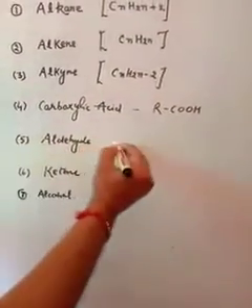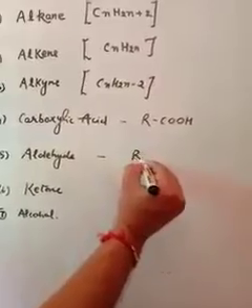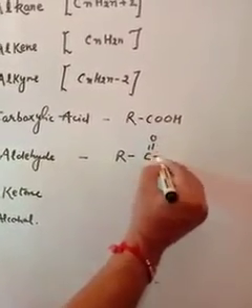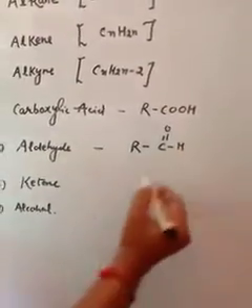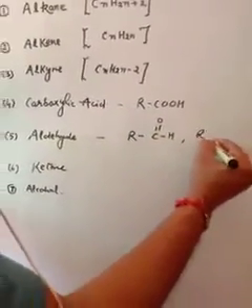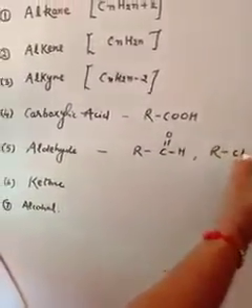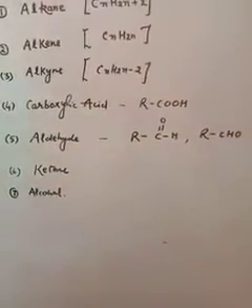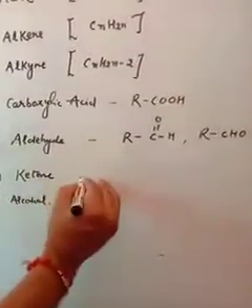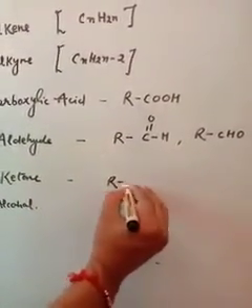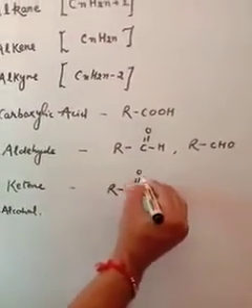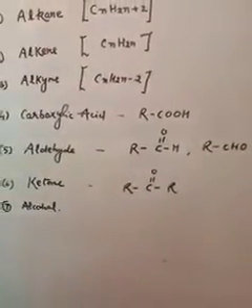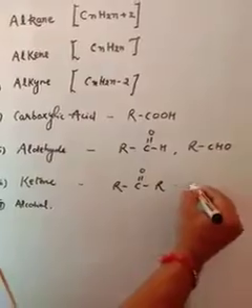The next one, the aldehyde, it is represented by RC double bond O, then H. This is the representation. One more way is there, that is RCHO. The next one, the ketone, it is represented by RC double bond O, then R. R may be the same, R may be different.